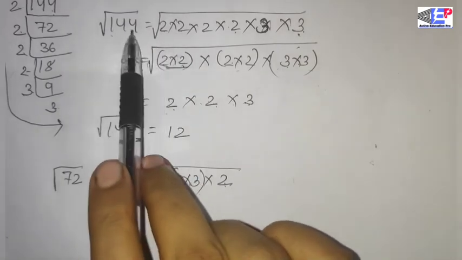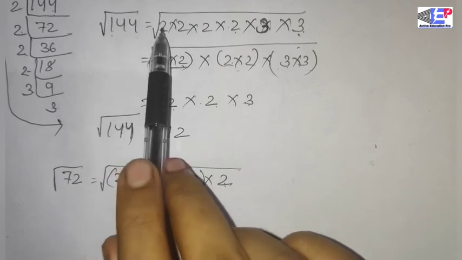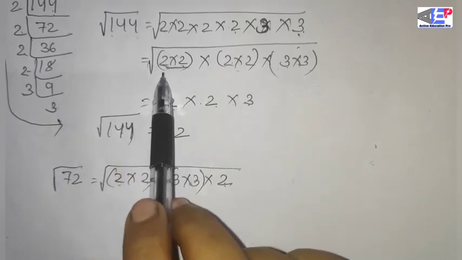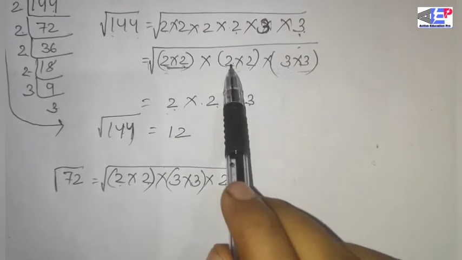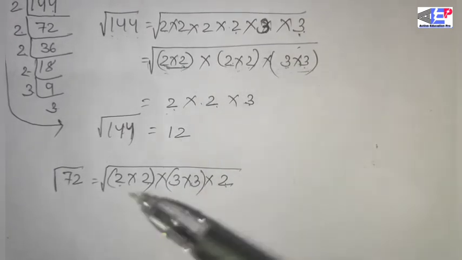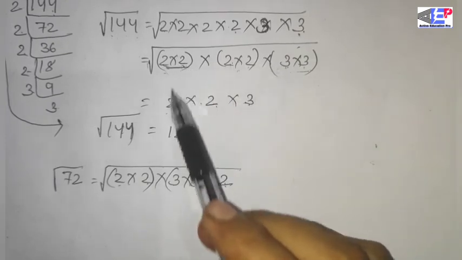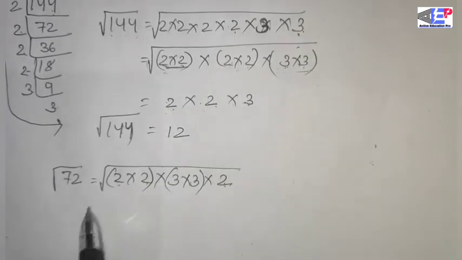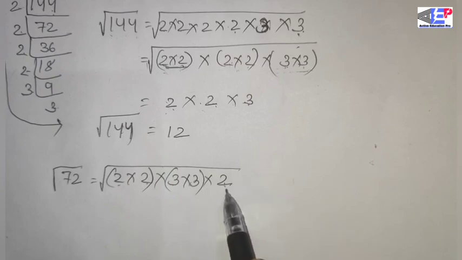Here we find that in the case of 144, when you factorize it, you make proper groups of its prime factors, 2 into 2, 2 into 2, 3 into 3, and then carry out one number from each group. So in the case of 72, you cannot make such a group. One 2 is remaining to make a group.